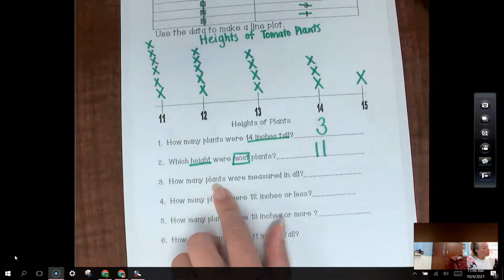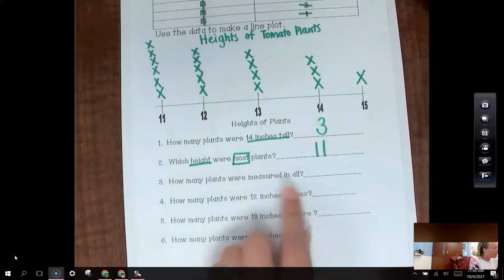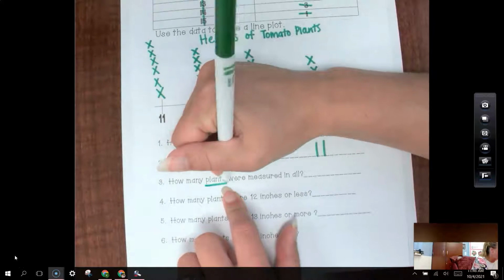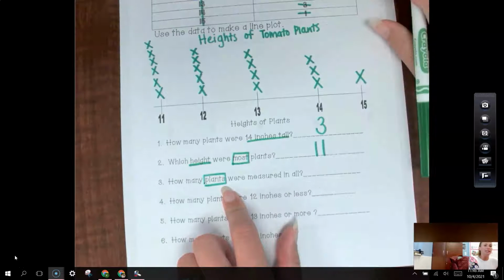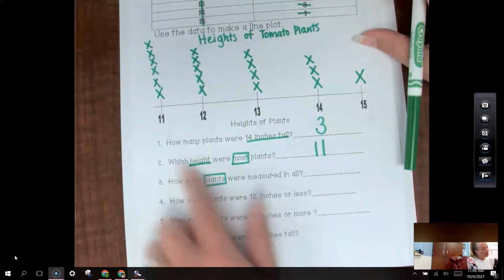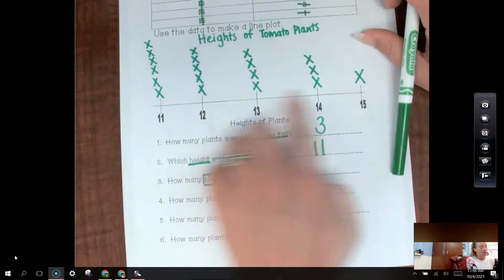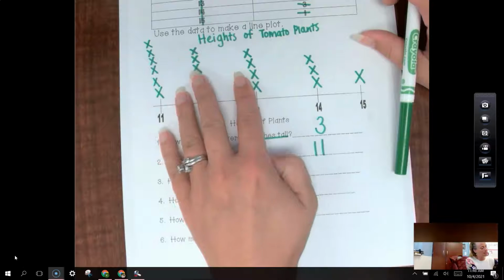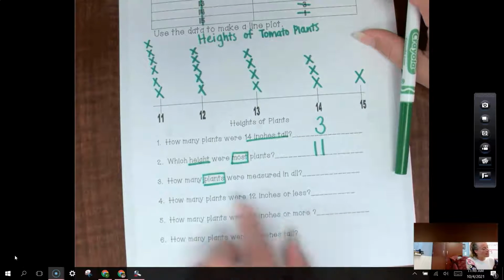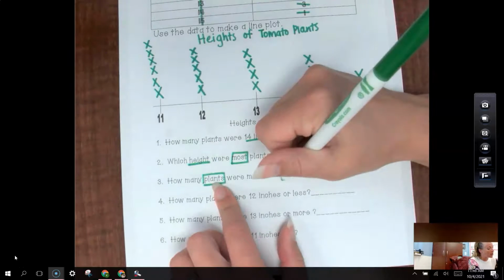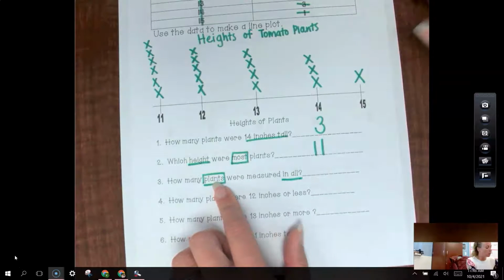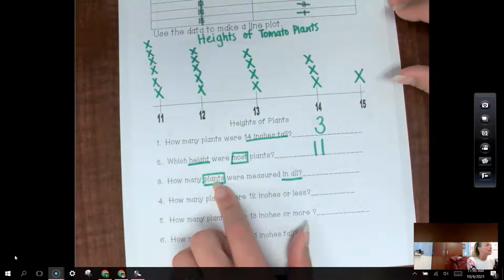How many plants were measured in all? Please box the word plants. What represents plants? The numbers or the X's? If you said X's, you are correct. We need to know how many plants there were in all, which means we have to count the X's.